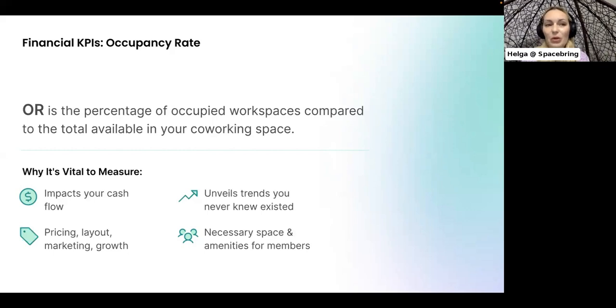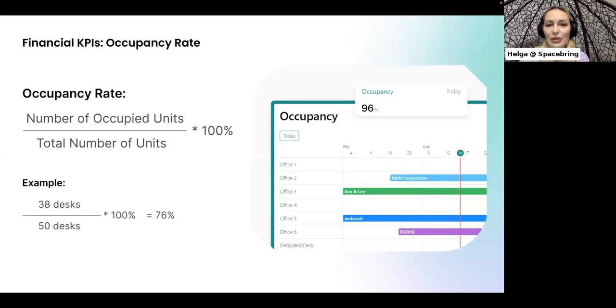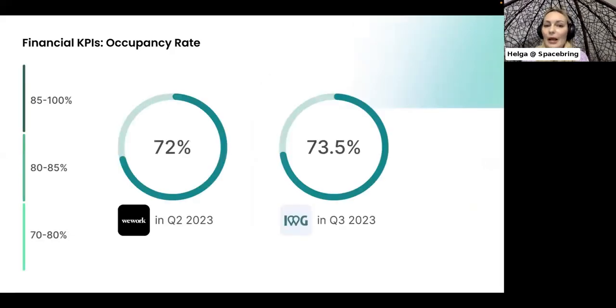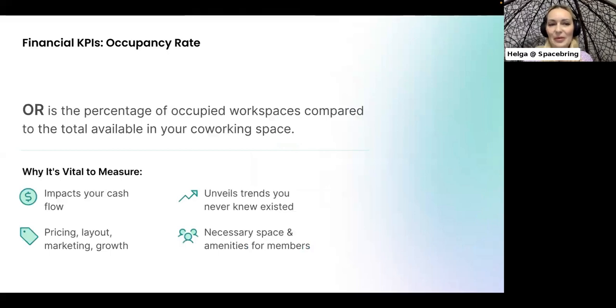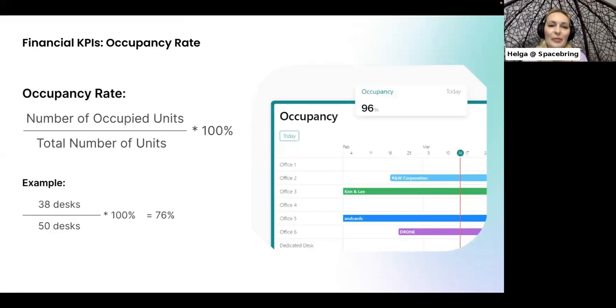So how do we calculate occupancy rate? Okay, this is a necessary slide.